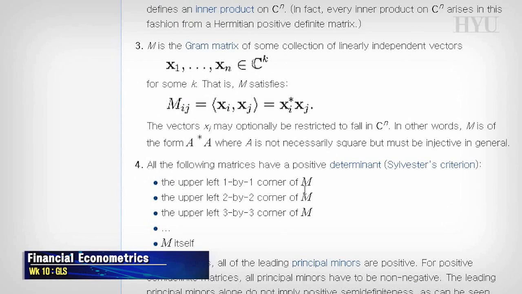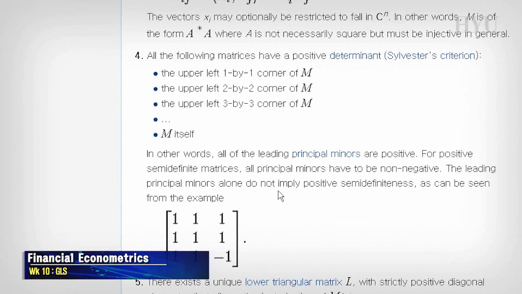So if M, the upper left 1 by 1 corner of M, the upper left 2 by 2 corner of M, and so on. In other words, all the leading principal minors have a positive determinant. If their determinant is positive, then it is positive definite.